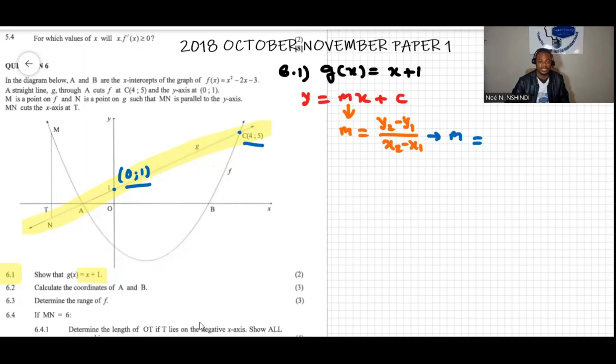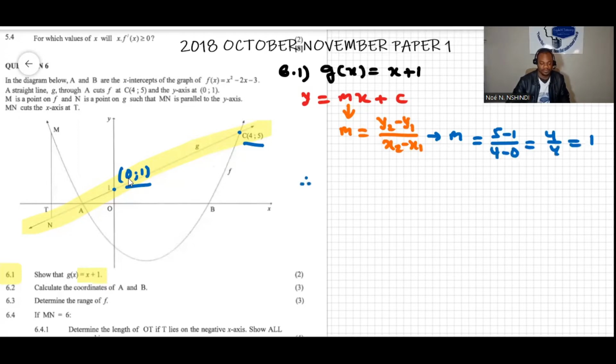So we can work out the gradient m. This will be y2, which is 5. I choose this one to be my second point, and this is my first point. So y2 is 5 minus 1 over x2, 4 minus 0, and this is equal to 4 over 4, which is equal to 1.